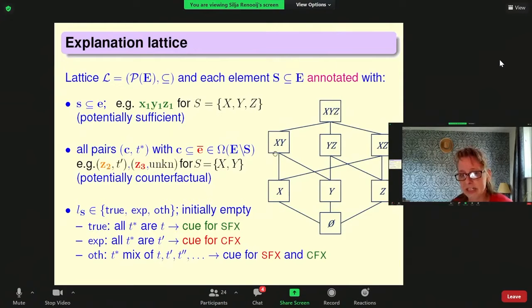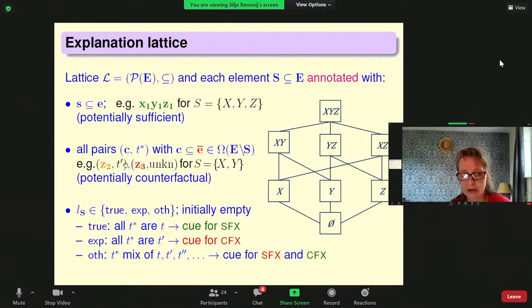Then in lattice element xy, the z is missing. So for the non-observed values of z, z2 and z3, we have listed those pairs, and they all have a label. The label is the outcome of the model if we use that combination of values for z in combination with the actually observed values for x and y.